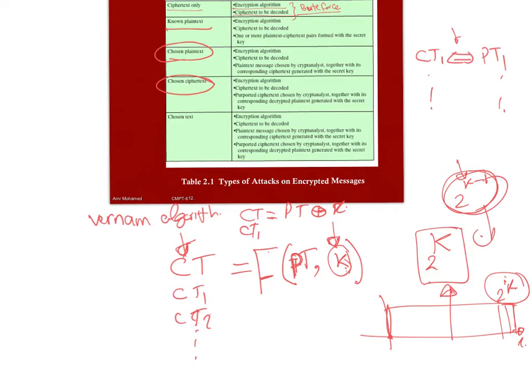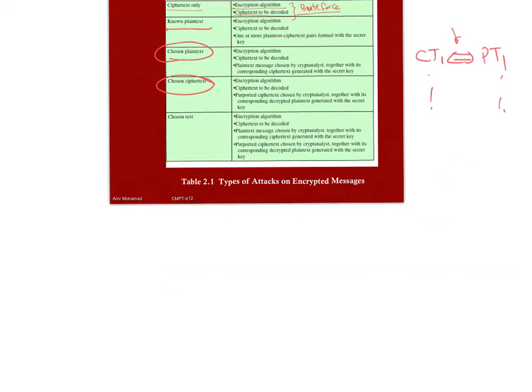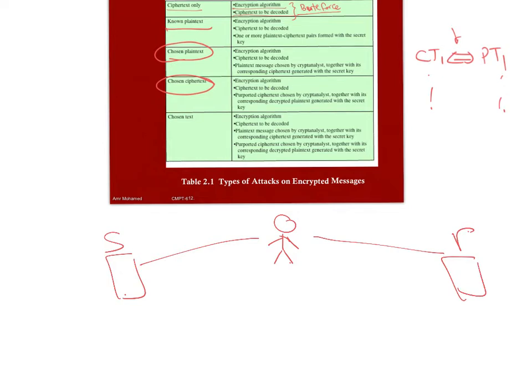So it's something like this. So let me just draw. The attacker would be in the middle, and you have the sender and you have the receiver. Okay, so in that case, the attacker impersonates the receiver to the sender and impersonates the sender to the receiver.